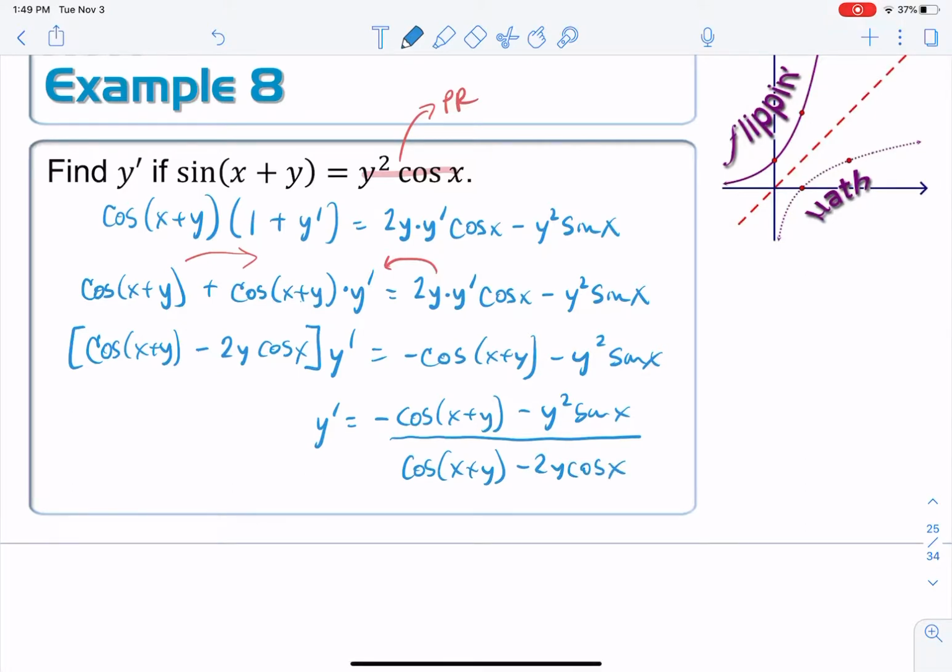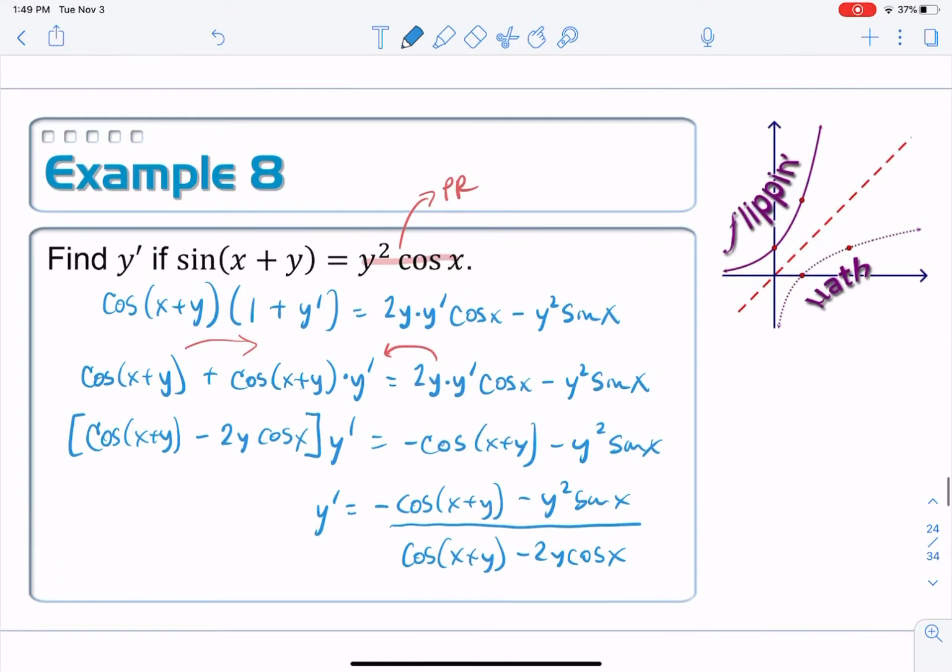All right, I think I'm pretty much done with that. I am curious what this graph looks like. Let's take a look at it after I box my answer officially.